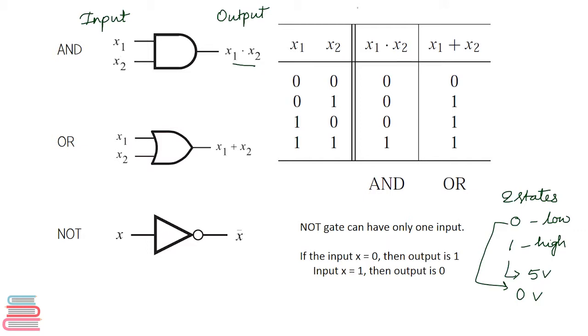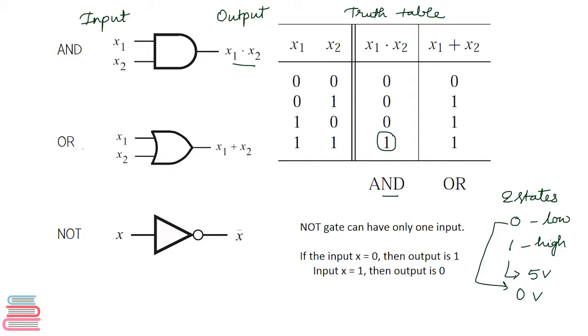As you can see in the truth table, in the case of AND, the output is high only when both inputs x1 and x2 are high. In the rest of the cases, the output is low, which is binary 0.